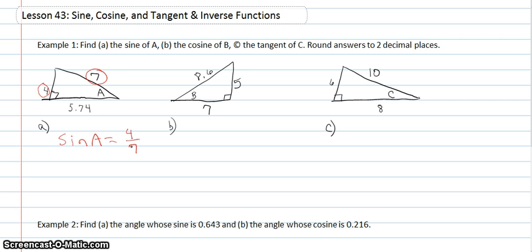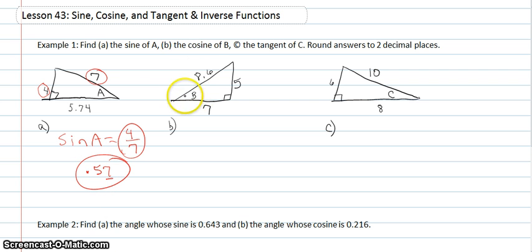In the Saxon book, many times they write those as decimals, so 4 divided by 7 equals 0.57 when I'm rounding to the hundredths place. So both of those are correct, it's just one's in fraction form and one's in decimal form.